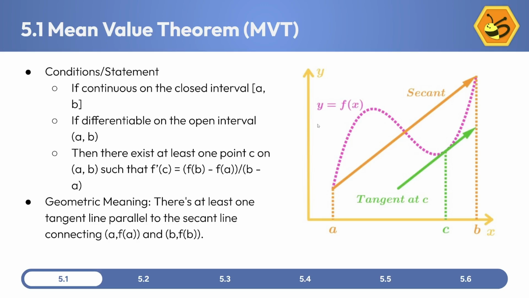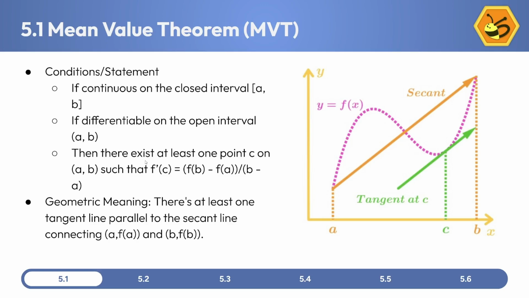You can see in this diagram, our secant line from A to B is this orange line, while we have a tangent line here at point C, and notice that these two are parallel. In other words, these two slopes are the same. That's why they're equal in our statement here. Hopefully these different representations are making sense.